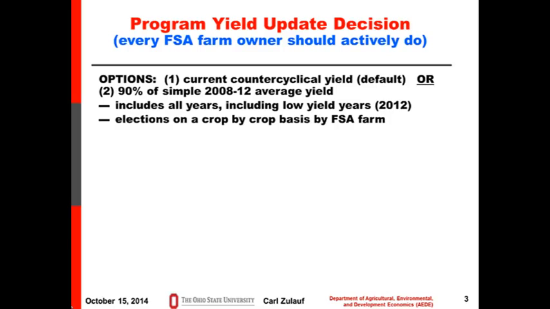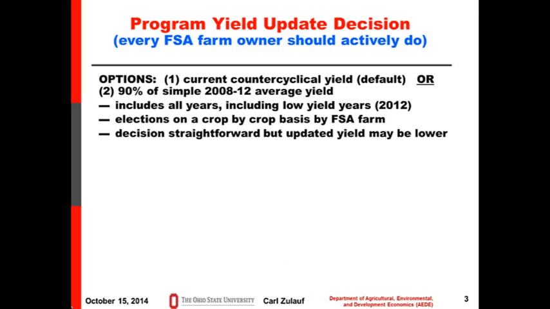So this is an FSA farm number. The elections are made on a crop-by-crop basis for each of the individual FSA farms that you have. And so you may update the crop acres for some crops and not for other crops.